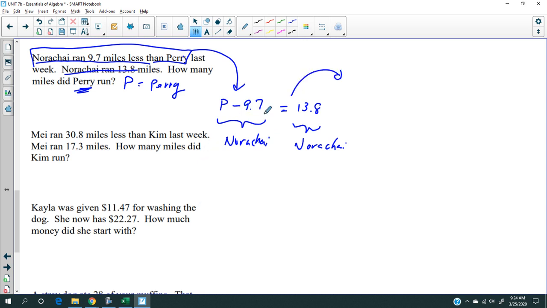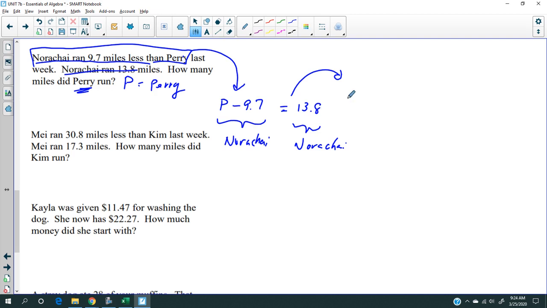These are equations, right? Of course they're equal, okay? So hopefully that makes sense that this is a story. So what's the story? Norwich ran 9.7 miles less than Perry, which is what Norwich ran, which is 13.8 miles.